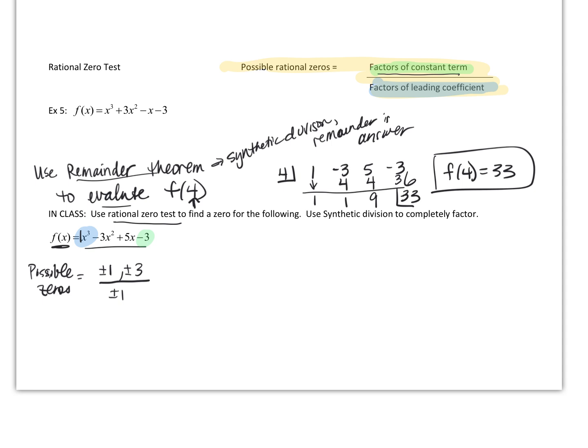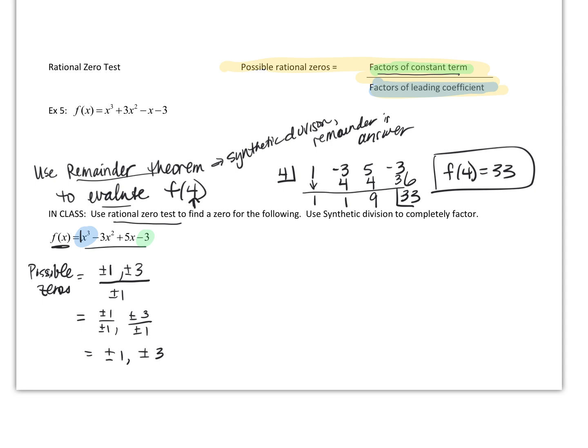So when it comes to listing these out, I'm going to do it longhand, but just to show you. All right, so what does that mean? That means I either have a positive or -1 or a positive or -3, right? Okay.